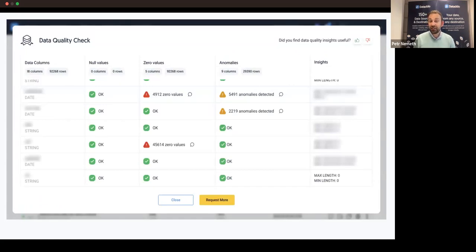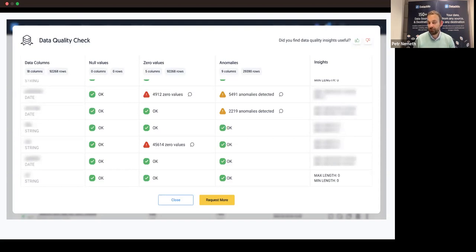The nice thing that I would like to mention is that there are automated data quality checks in place. We give you the capability out of the box to scan for potential null values, zero values, and anomalies, in case you are working in an environment with a high demand for data quality.